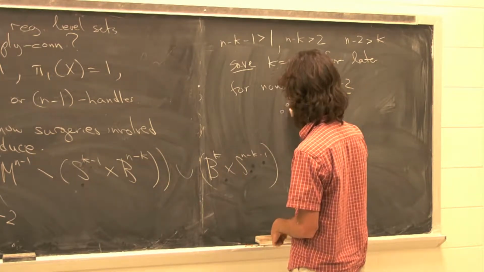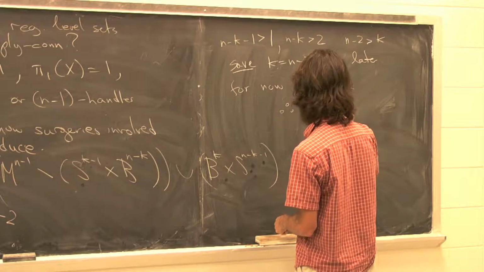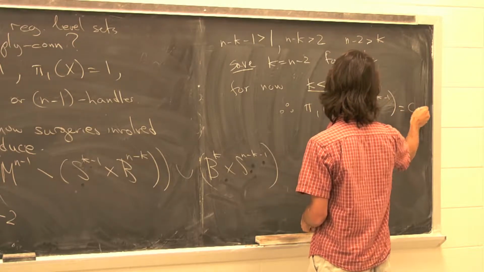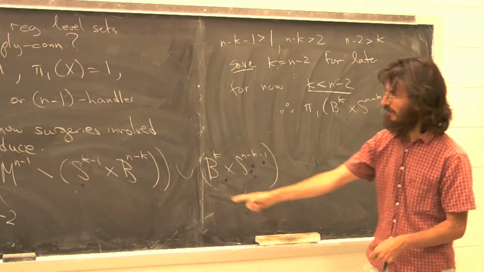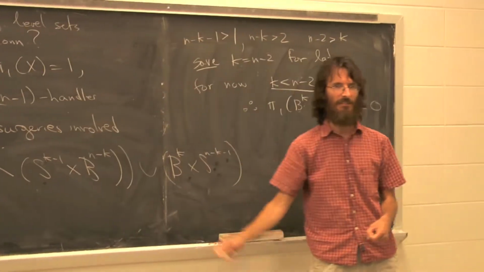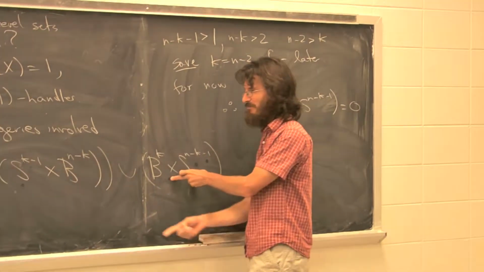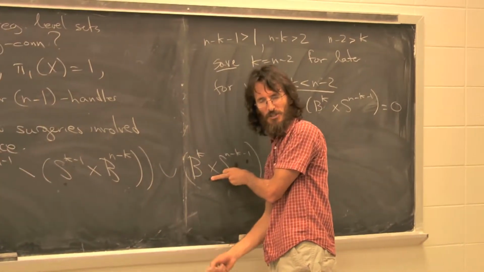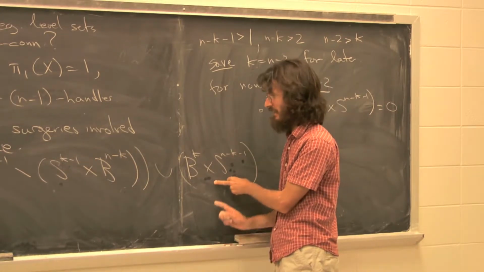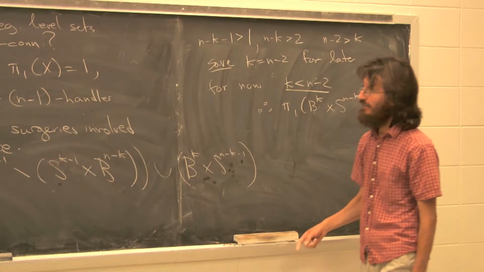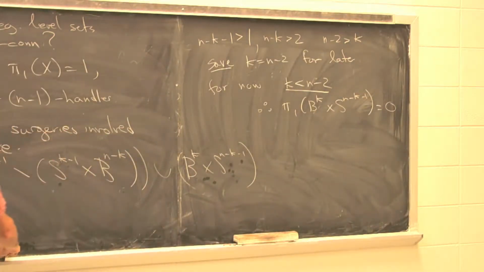Therefore, pi 1 of the part we're gluing in is trivial, right? But still, we might conceivably have some pi 1 here. We glue this in with trivial pi 1, but that doesn't mean it kills whatever pi 1 we had by drilling something out. So then we have to think, what about pi 1 of this?